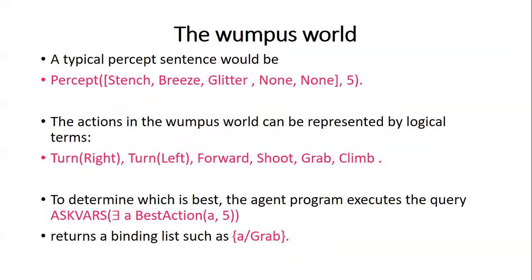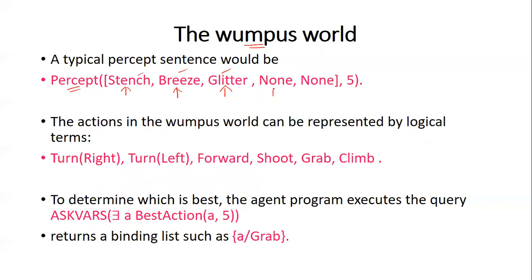Next, let us discuss some examples on Wumpus world for how the facts of Wumpus world can be represented using first order logic. Okay. So here is an example. Percept, that is, the agent is perceiving these things at this point of time. It is perceiving stench, breeze, glitter. So basically it can perceive 5 things. It can perceive stench, breeze, glitter.